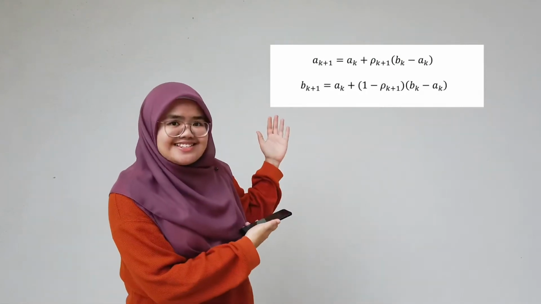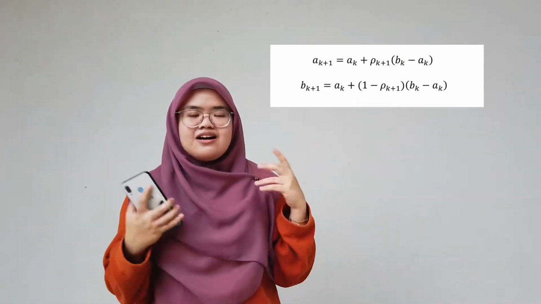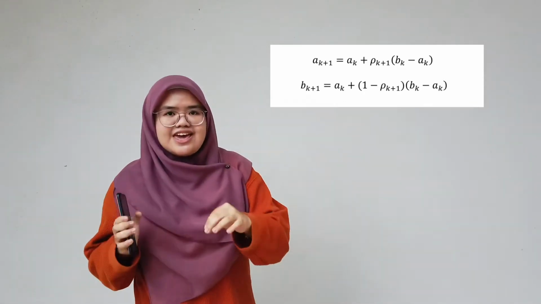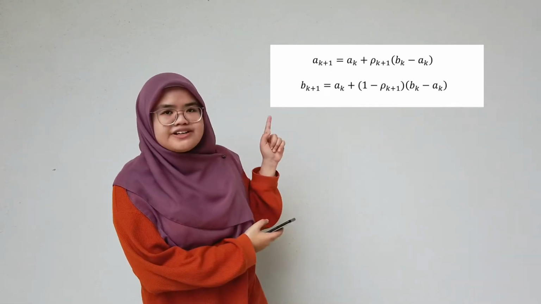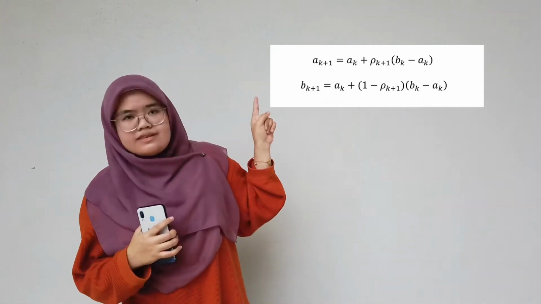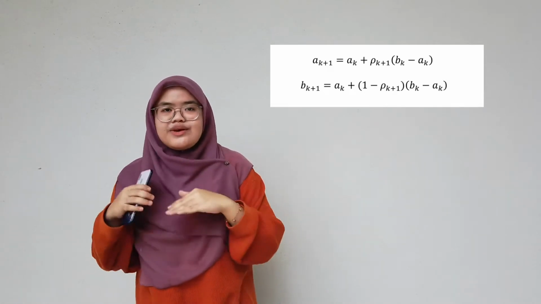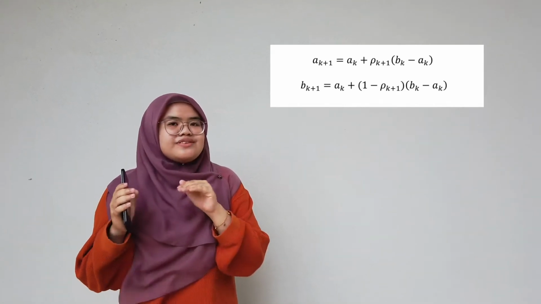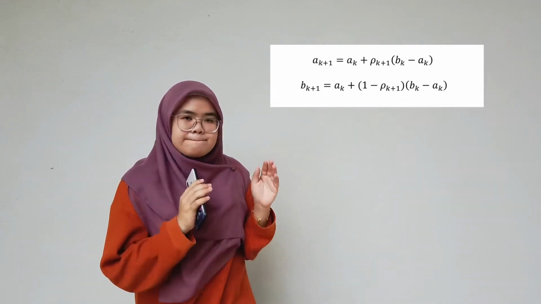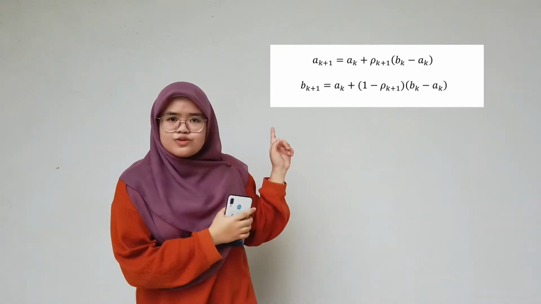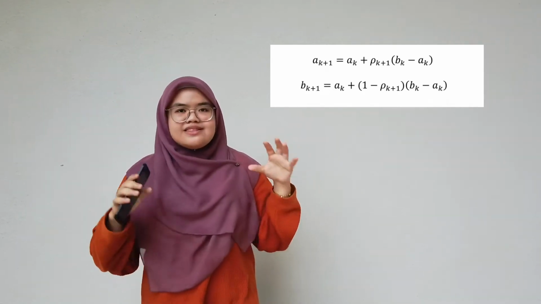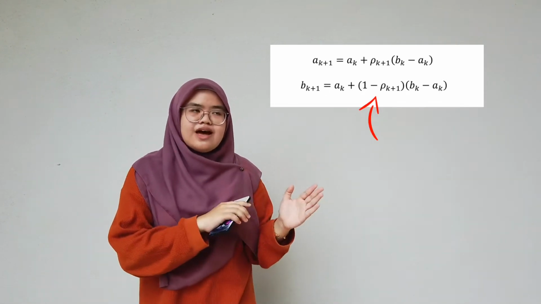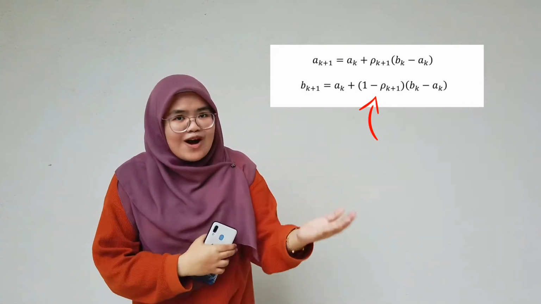As you can see, this is the formula on how we can get the intervals A and B. As we can see from the formula, A_(k+1) is equal to A_k plus rho_(k+1) times the interval B minus A. It is also the same with B, but the only difference is that we need to subtract, I mean, we need to use 1 minus rho.